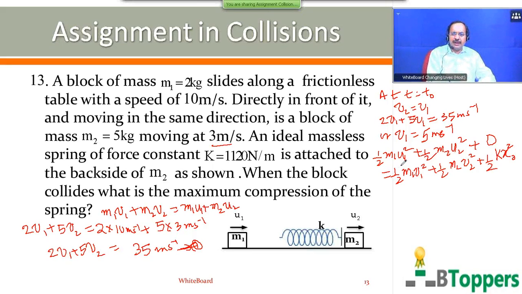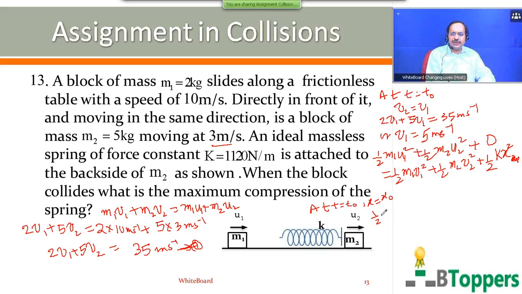In the general equation we have to write half kx square. So at the instant t equal to t naught, the velocities of the two blocks are equal, and the velocity of each block will be 5 meter per second, and x equal to x naught. X naught represents the maximum compression of the spring. So substitute all the values here.